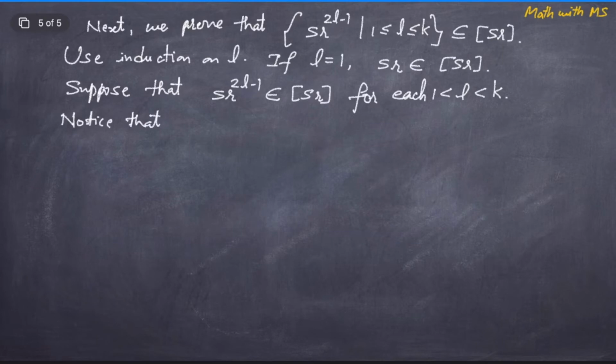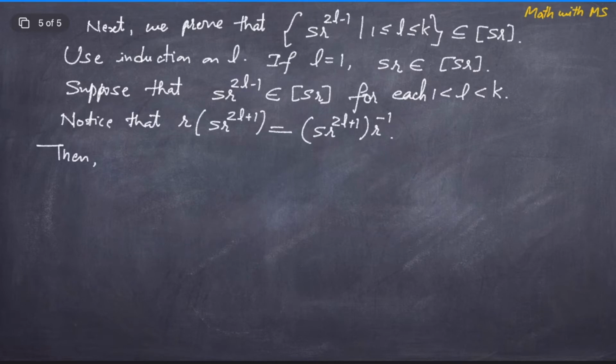Notice that r times this element s r to the power of 2l minus 1 is the same as s r to the power of 2l minus 1 times r inverse. It follows easily from again the third relation in the dihedral group.